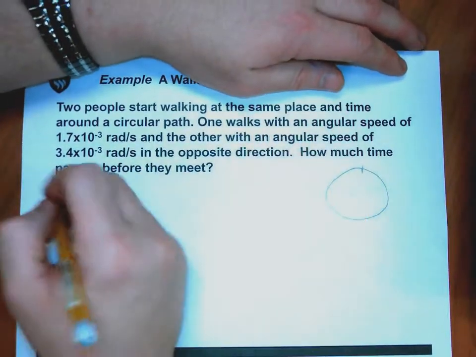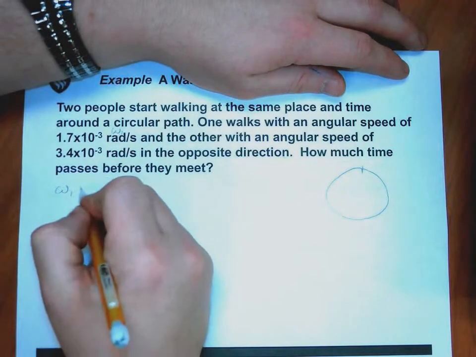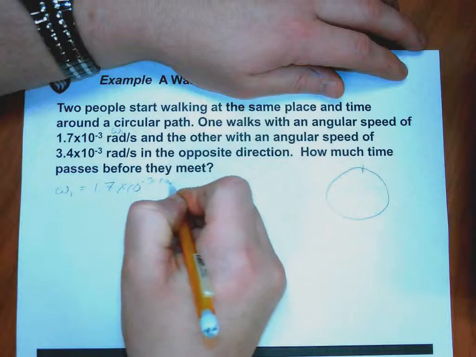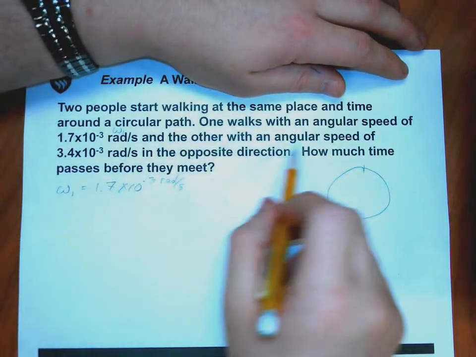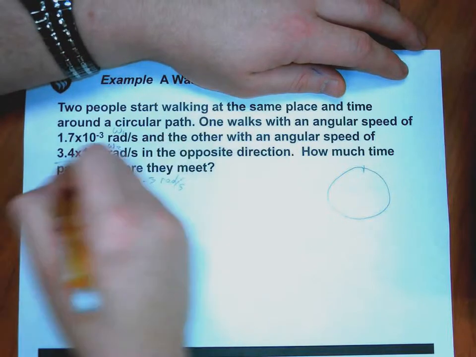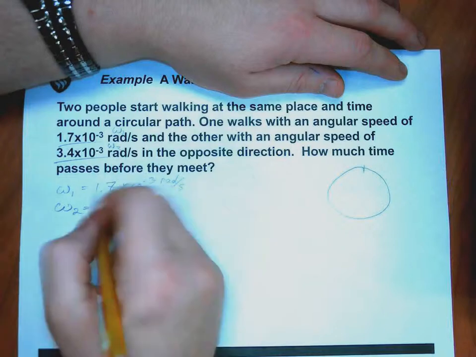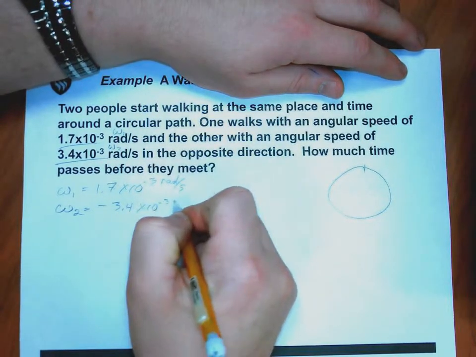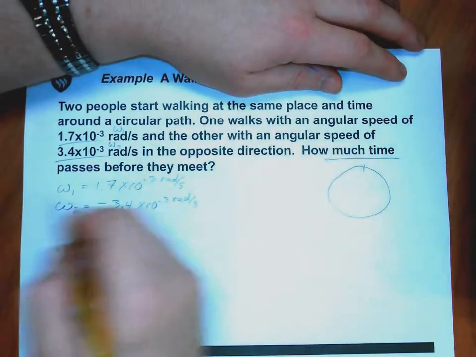One walks with an angular speed of, I'll put omega 1 here, 1.7 times 10 to the negative third radians per second. And the other with an angular speed, this is omega 2, in the opposite direction, so it's negative 3.4 times 10 to the negative third radians per second. How much time passes before they meet?